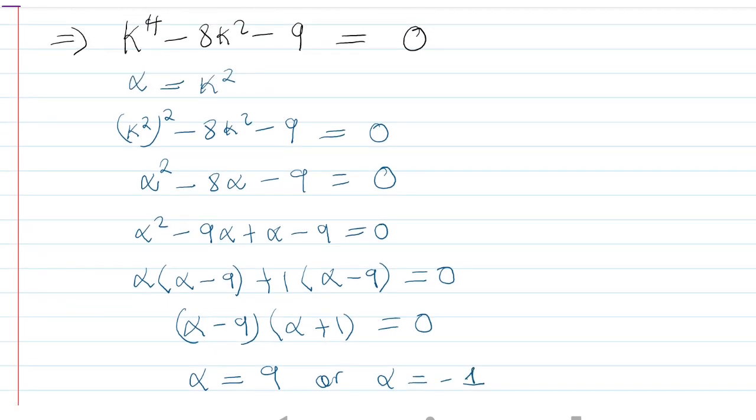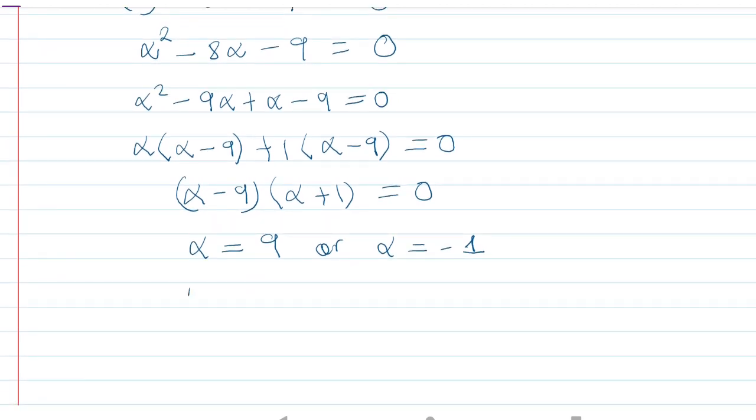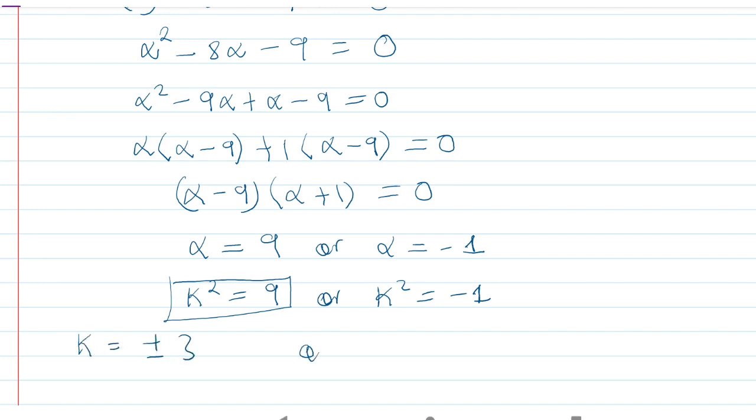Now remember we said alpha is equal to k squared, so we're just saying k squared is equal to 9 or k squared is equal to negative 1. But let me start with the left side. If k squared is equal to 9, meaning that k is equal to positive or minus 3. For the other, k is equal to plus or minus i, because this is an imaginary number.